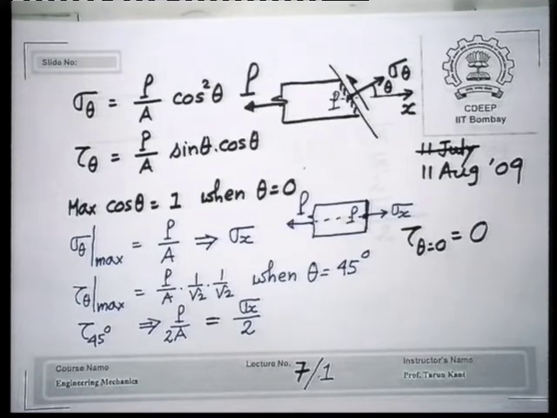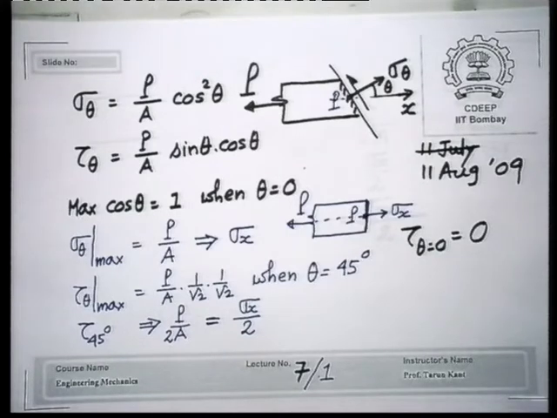So, at the same point when you are changing, see this is the cross section by which you are cutting the rod. I am changing the orientation like this, and the two values, normal stress and shear stress, are also changing.